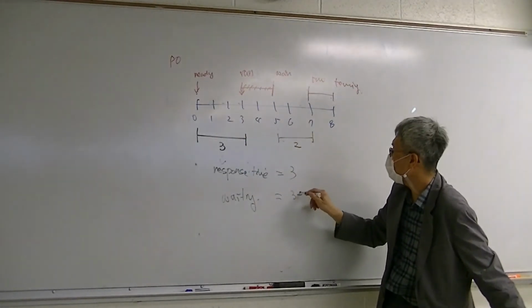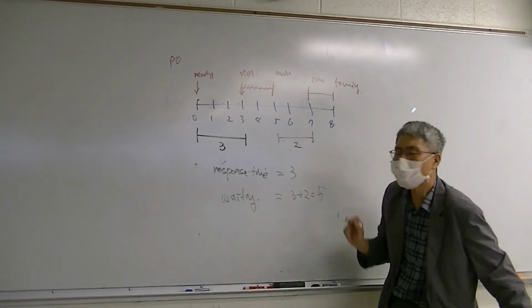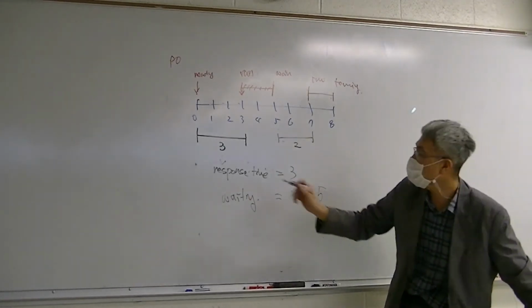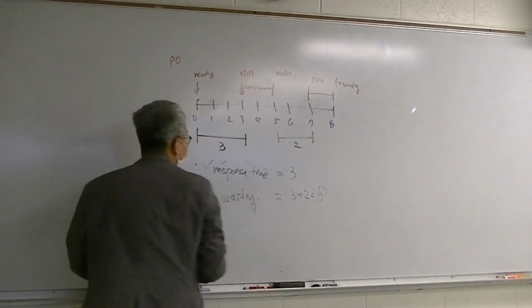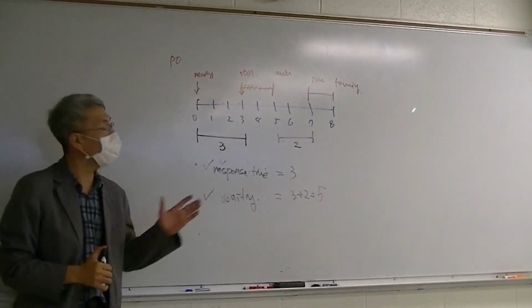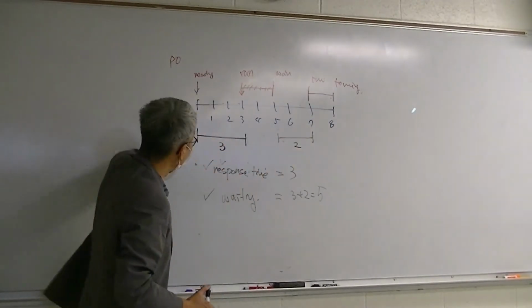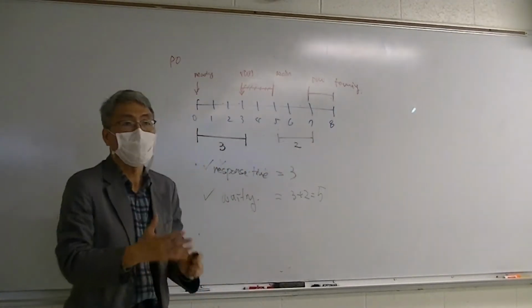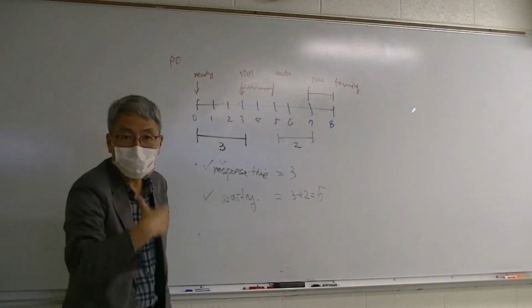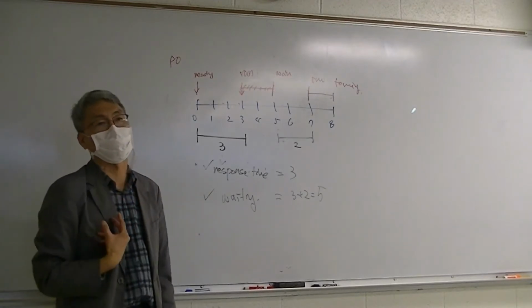So 3 plus 2, so 5 is the waiting time. Don't be confused: response time and waiting time are different. Waiting time is the total waiting time, however response time is only the first waiting time until the first response.